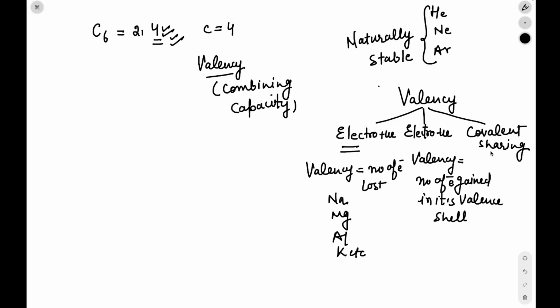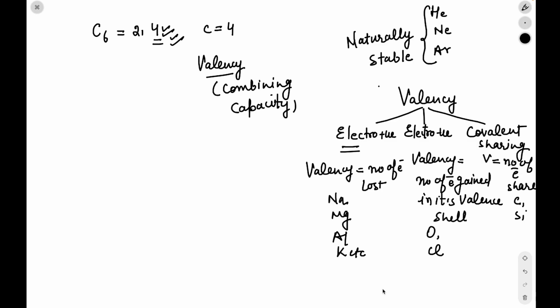And those atoms which tend to share their valence electrons to get stability, their valency is equal to the number of electrons shared, like carbon and silicon. And examples of electronegative atoms are oxygen and chlorine. So this is how we can calculate the valency of any atom.